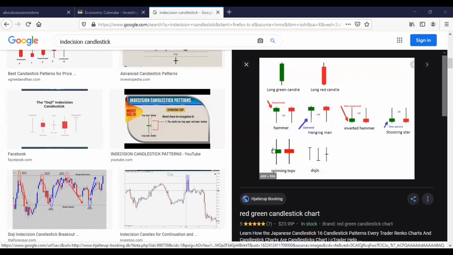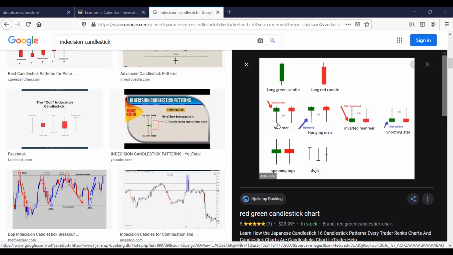The indecision candlestick, which you call the spinning top, the shooting star, or the hammer, right? Basically, that is it. Big wicks, small bodies in terms of price. The indecision of the spinning top, price is on standstill, and the market is waiting to go to a particular direction.